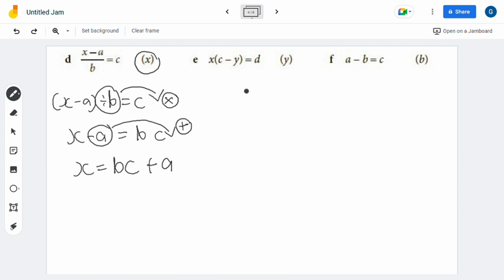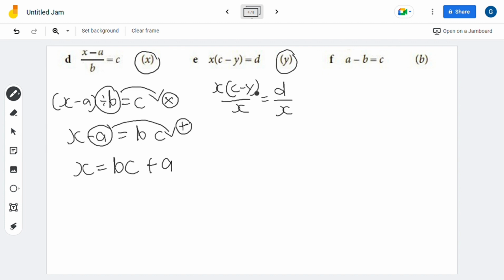Okay, moving on to this question. X bracket c minus y equals to d. And we need to make y the subject of the formula. So we can do it this way. X bracket c minus y over x equals to d over x. So we can divide x to both sides, so it will be easier for us to calculate.